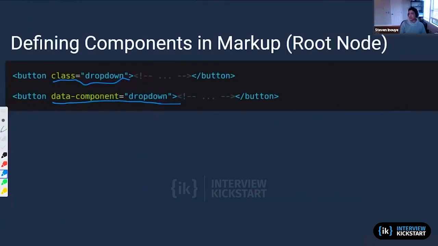So this question pertains to this slide right here. And the question is, can you comment on using data component equals drop-down versus role equals list box or the equivalent ARIA attributes? You can absolutely use any of those. Like I said, front-end development is about using what's comfortable to you. And if you're very comfortable using roles or using ARIA equivalents, then those are totally viable and allow you to access the same nodes and utilize the same type of data sets that I'm going to be using. Using data component is nice for people who aren't already used to using roles or using ARIA attributes.